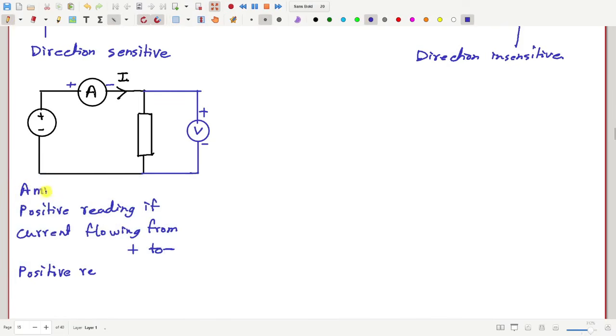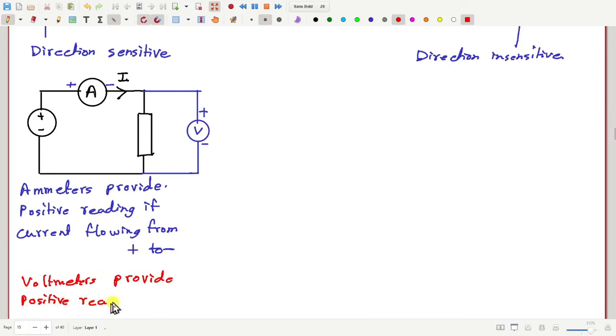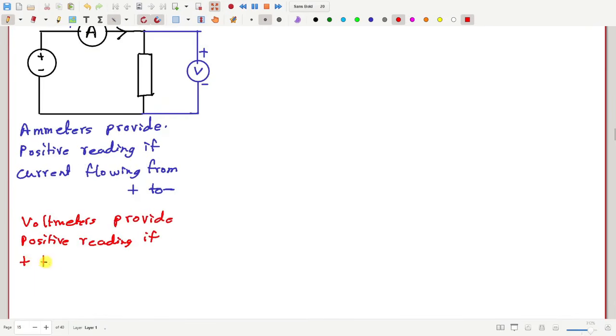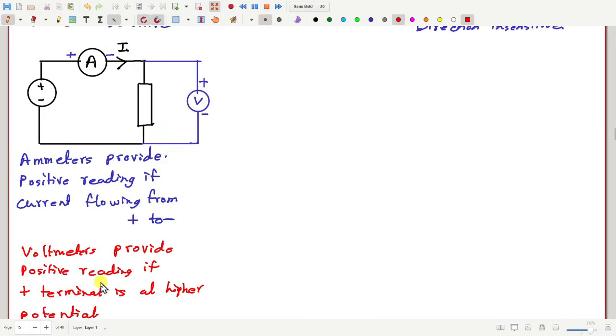Here I was talking about ammeters: ammeters provide a positive reading if current is flowing from plus to minus, and voltmeters provide a positive reading if the plus terminal is at higher potential compared to the minus terminal.